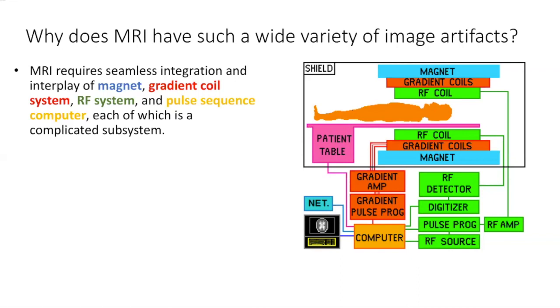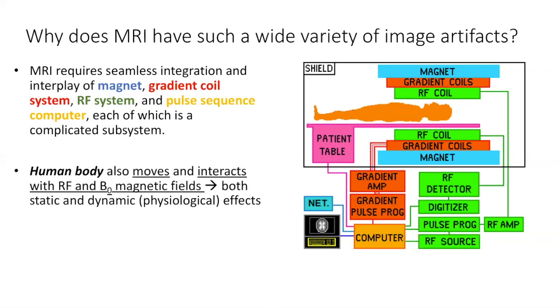So if anything potentially breaks down along this chain, you'll probably get some sort of artifact in your image. Additionally, the human body also moves and interacts with the RF and the B0 magnetic fields. And this provides an additional source of static and dynamic physiological effects that will affect our final image.